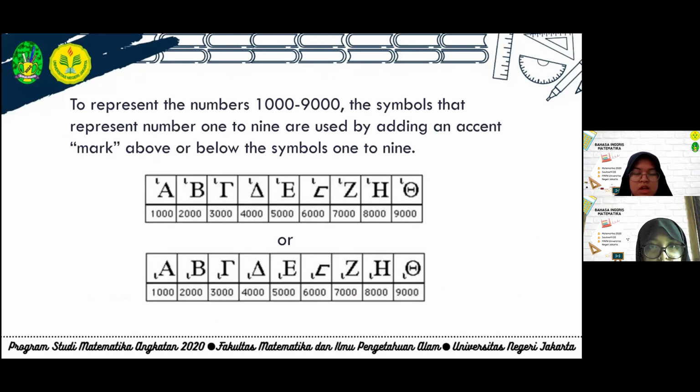On the table, the first 9 alphabets, alpha, beta, gamma, delta, digamma, epsilon, zeta, eta, and theta, as capitals are marked by adding a mark above or below the symbol.